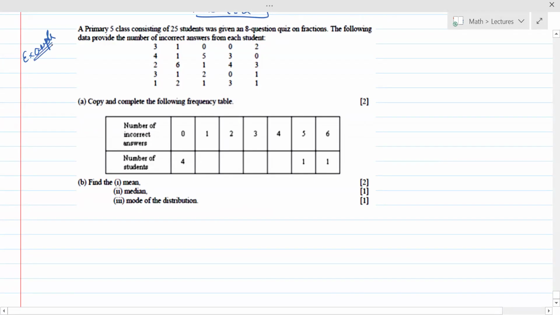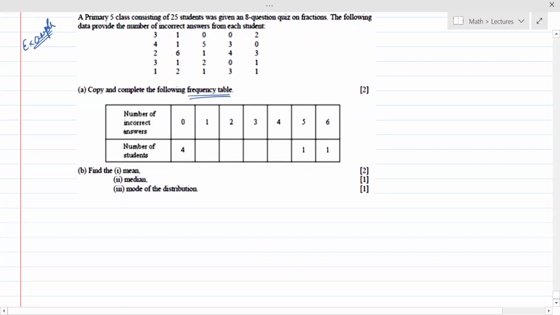Okay, so in case of this question, we have been given the data of 25 different students who were given an 8-question quiz on fractions. The following data provide the number of incorrect answers from each student. We have to copy and complete the frequency table. So this is a frequency table which we need to complete.